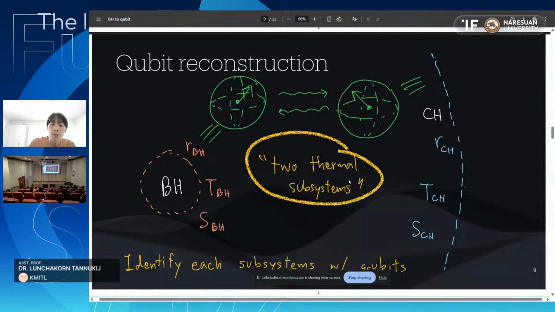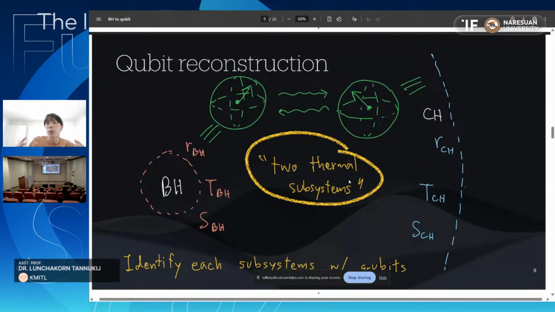Okay, now here comes the reconstruction part. The purpose of this work is to reconstruct a qubit system which represents the Schwarzschild-de Sitter black holes.